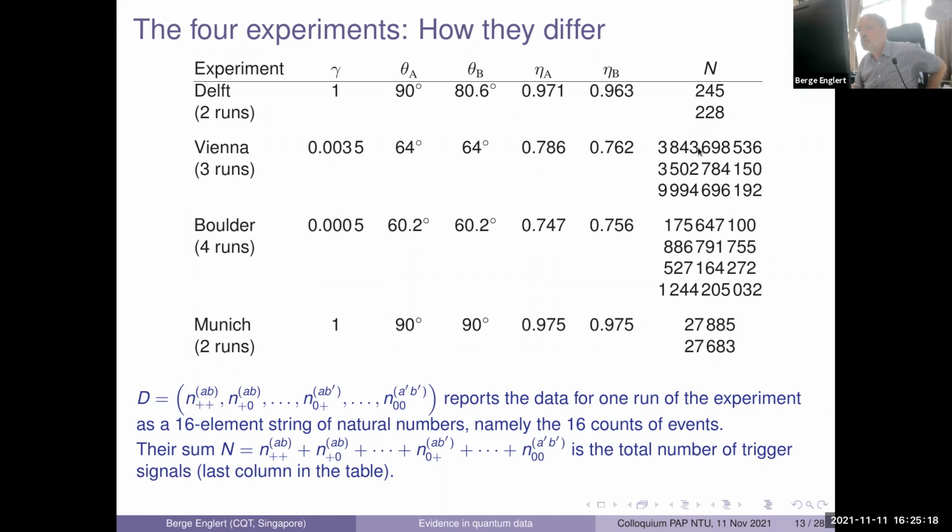In the Vienna and Boulder experiments, we have not just millions, but thousands of millions of events, and in Delft it was just 250, and in Munich it's 28,000. But these experiments are characterized by much larger efficiencies, both on the conversion and on the detection. So the data from the different experiments are quite different.